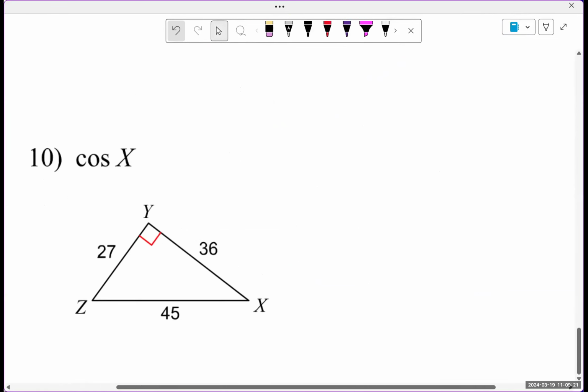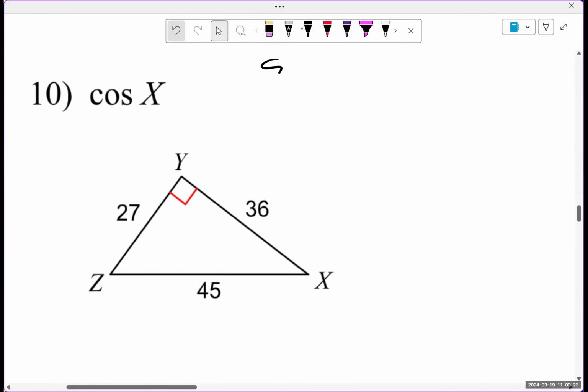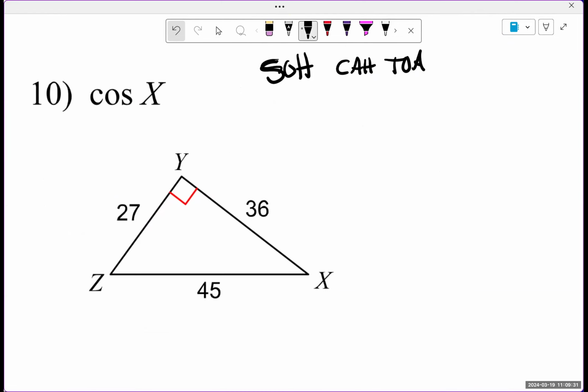Okay. Cosine of X. So X is where our reference point is. 45 is the hypotenuse. 36, X can reach out and touch it. That's adjacent. That makes this opposite.